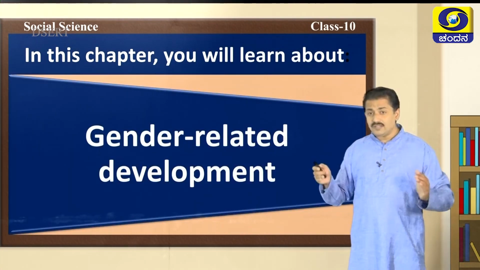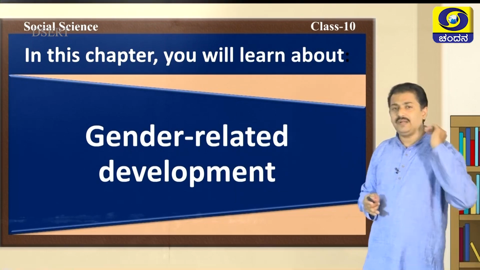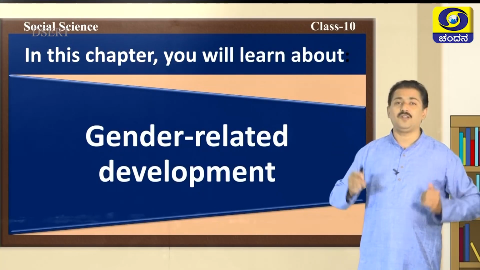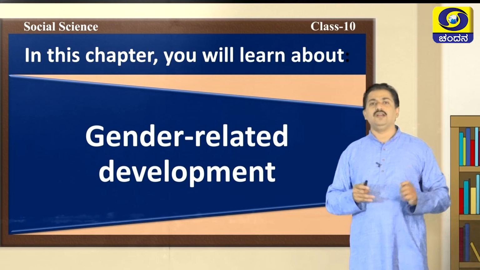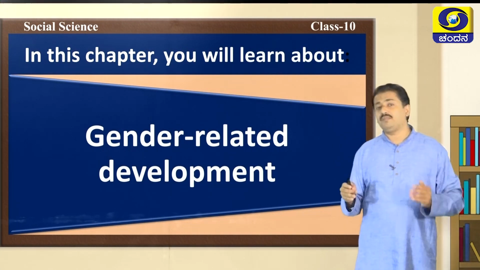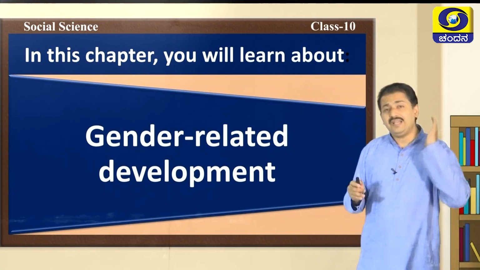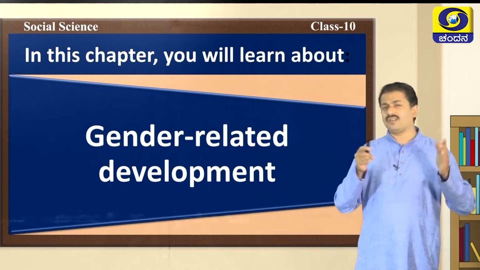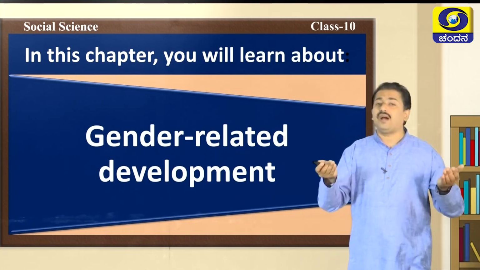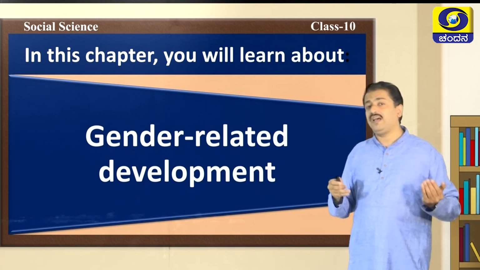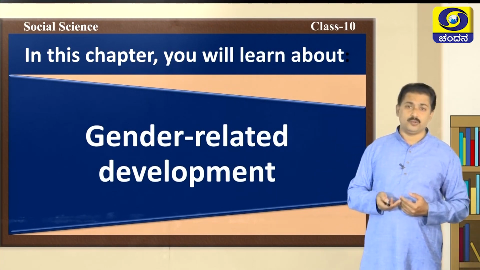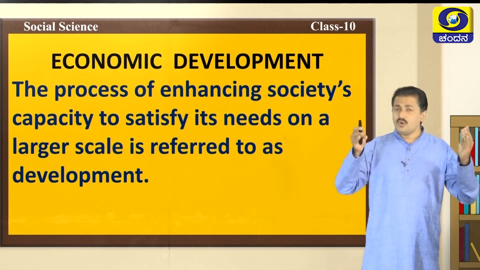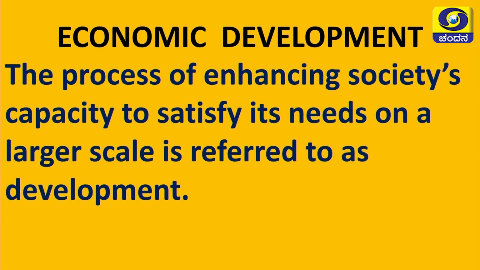Likewise, you learn gender related development. This is also one of the important topics in this lesson. In addition to that, you learn about human development indicators also. So, these are all very important both from the understanding point of view as well as the examination point of view.